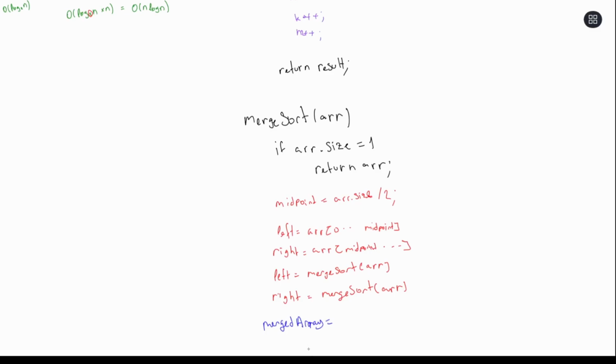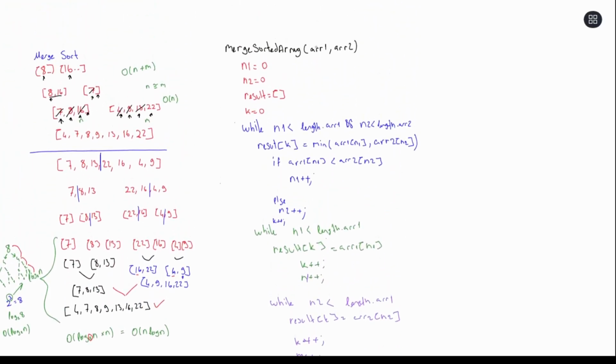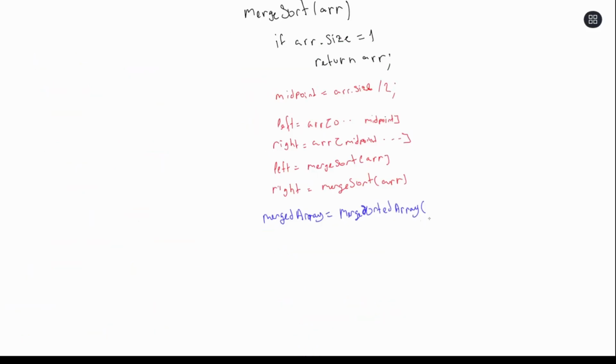We can call the function that we just created before, merge sorted array, right at the top, and we will add the left and the right sorted arrays, which at first will be only a single element each. Lastly we return the merged array, and then we'll be done.